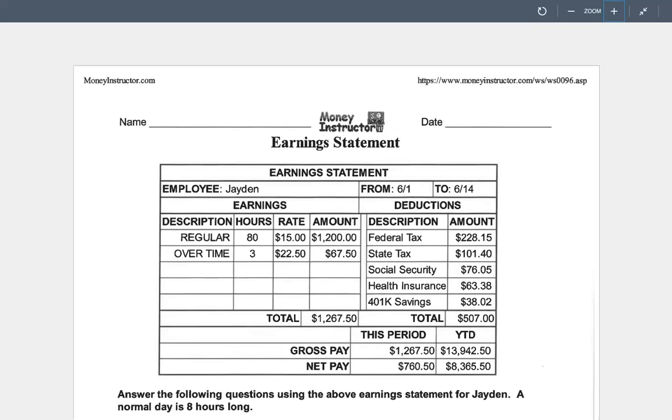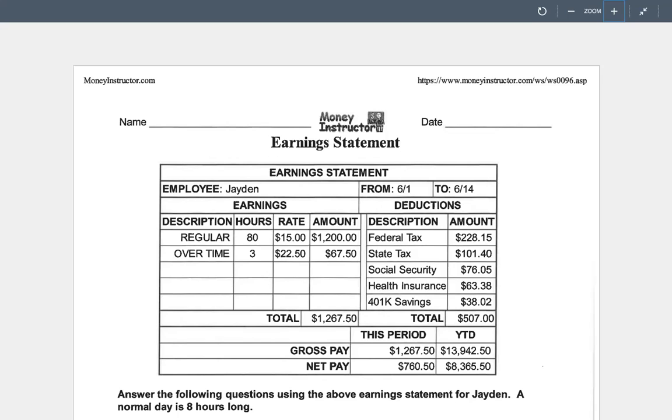This specific earnings statement is what he worked from the date of 6/1, which is June 1st, to June 14th. So June 1st to June 14th is 2 weeks. So we know by looking at this earnings statement that Jayden is getting paid every 2 weeks.